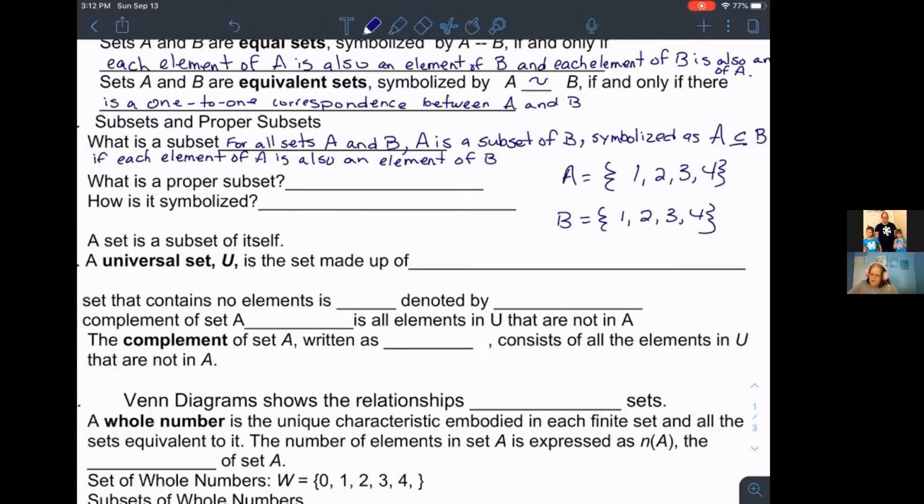Like it's a part of A. Now, proper subset, it says for all sets A and B, A is a proper subset of B.